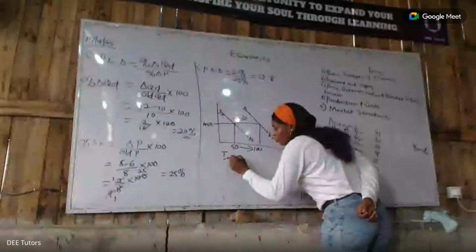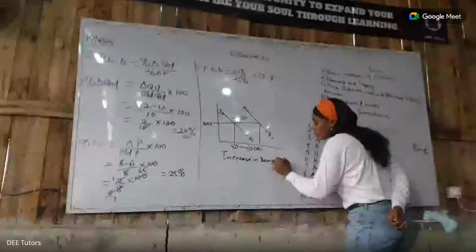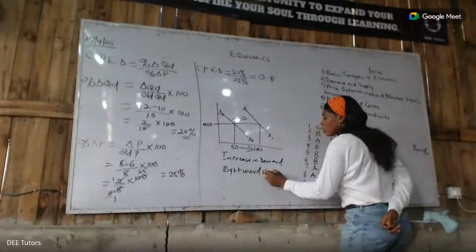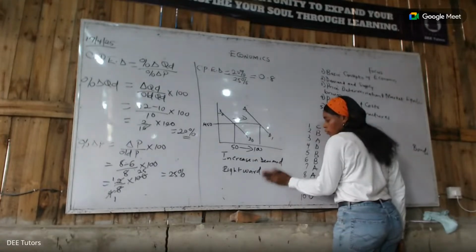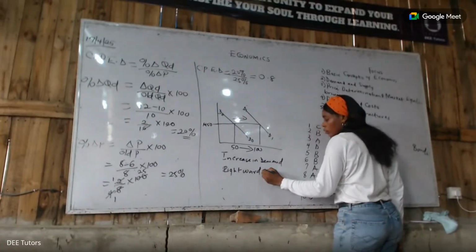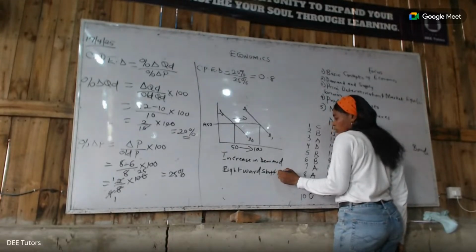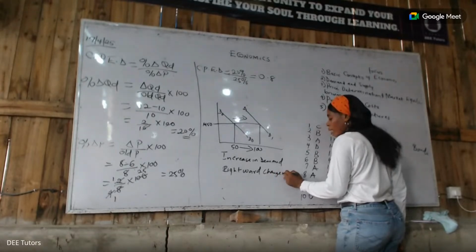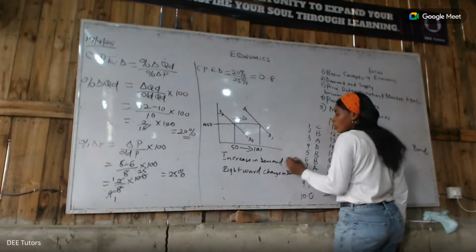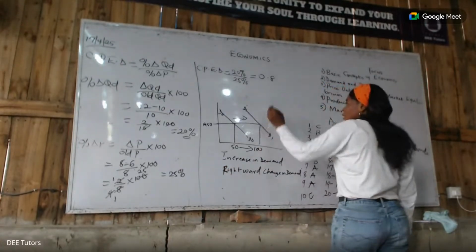So this is increase in demand or rightward shift. And the other one is decrease in demand.